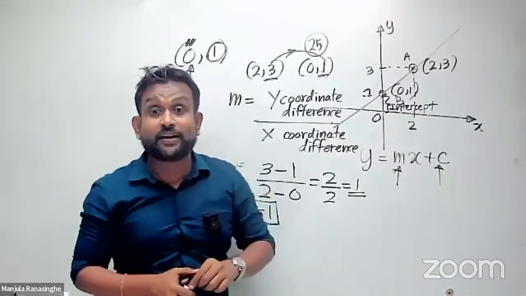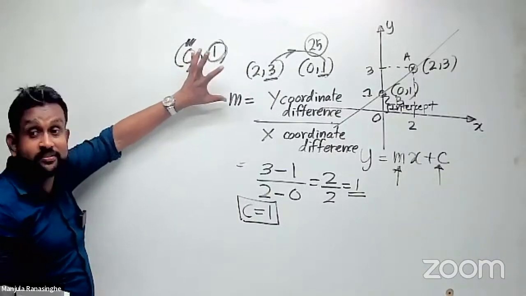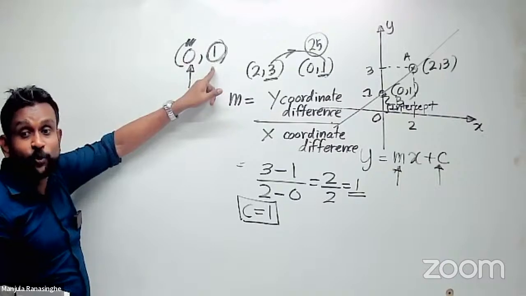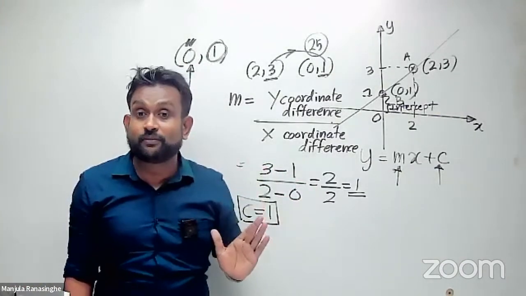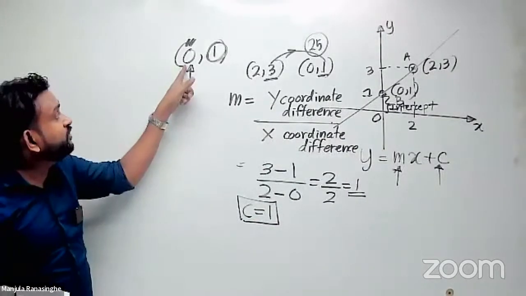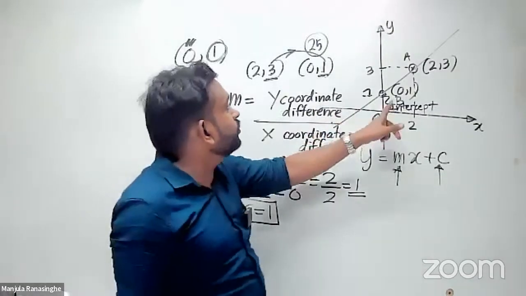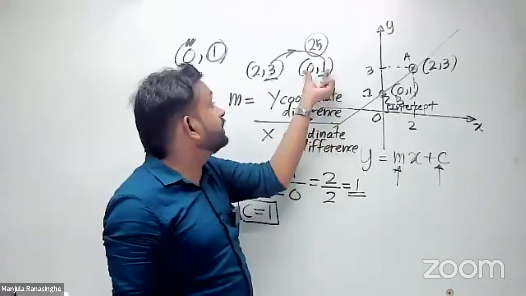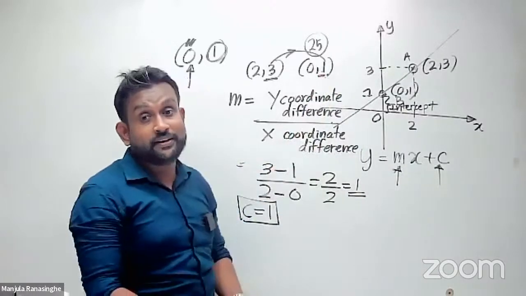So in an intercept coordinate, always the x value is 0. Then the other one is the intercept. So here by the coordinate given, 0 comma 1, you understood that 1 is the intercept.